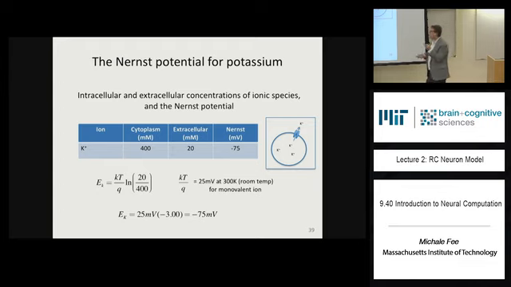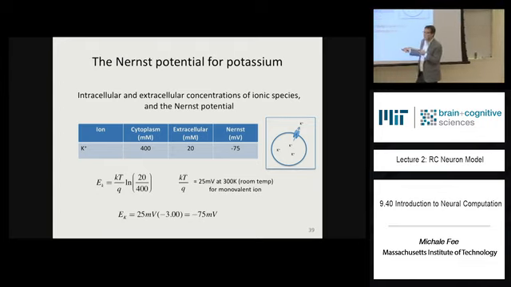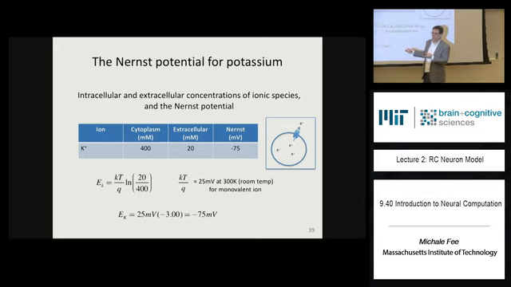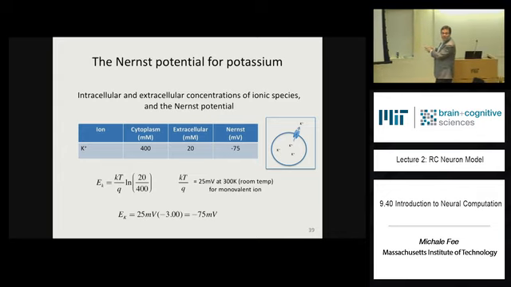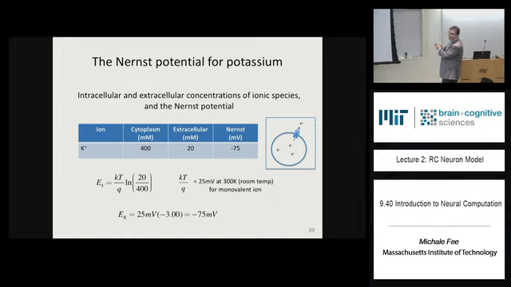How do you know it's negative? I can never remember whether this is concentration inside over outside or outside over inside. But the point is, you don't actually have to know, because you can just look at it and see what sign it is. If you have a high concentration of positive ions inside, they diffuse out.